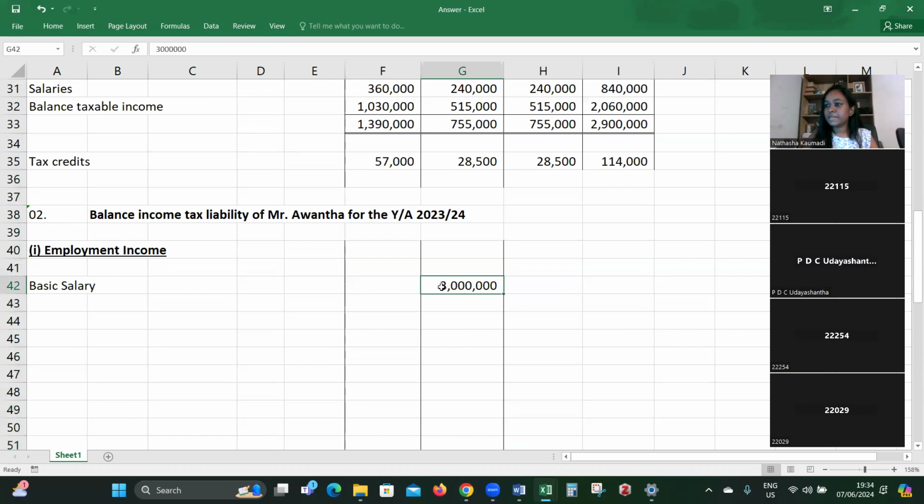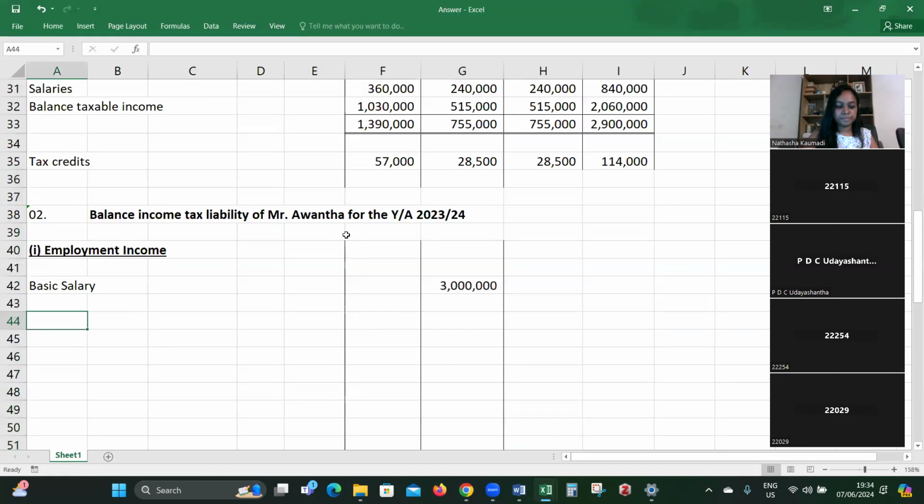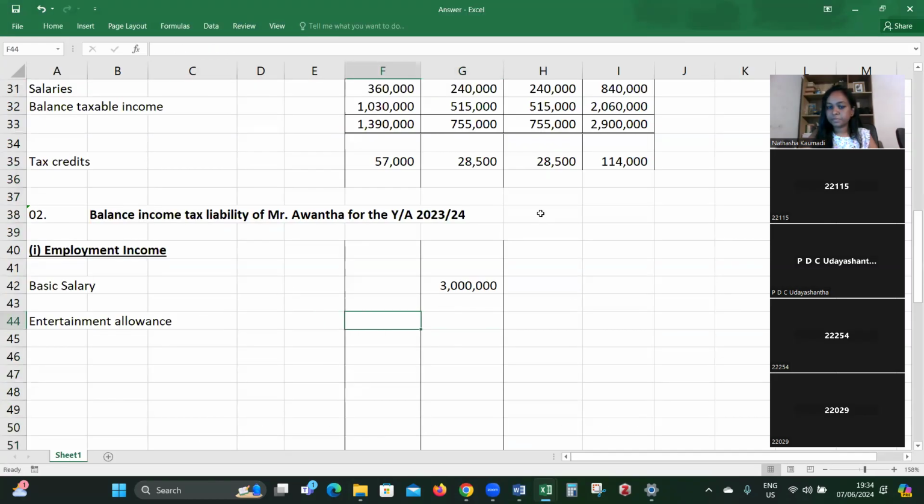3 million, basic salary. And then we have the entertainment allowance. What is that amount? 240,000. I'm taking these figures to the first column, right? Not the second column.